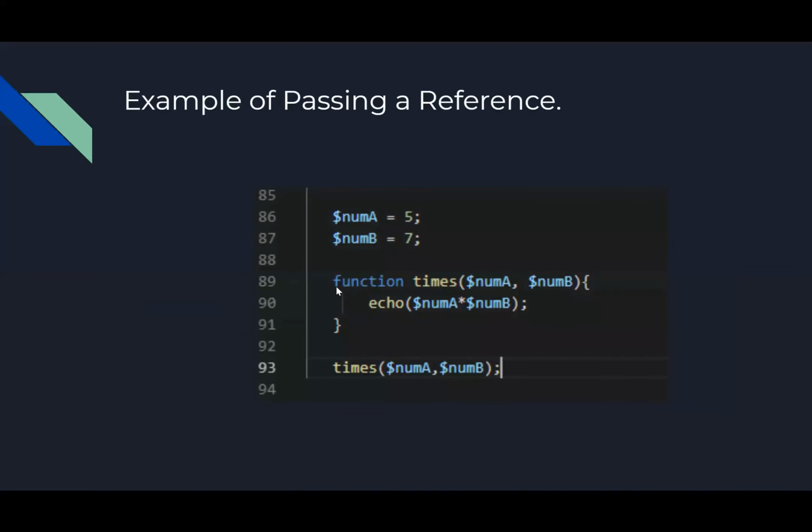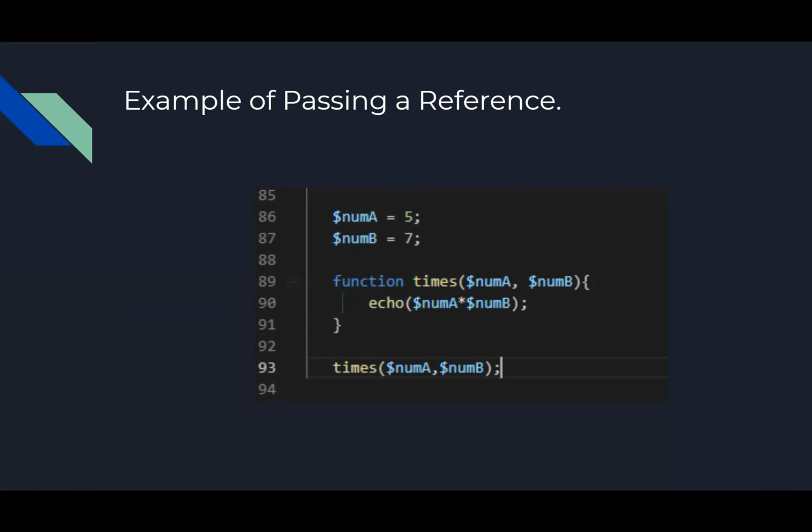If we go to the next one, I just want to show you the examples of passing a reference. Now, this is going to look a lot like the one before, but what we're doing is setting a global variable. I say global because it's outside of these brackets, so it could be used anywhere inside of the code. This variable num a equals 5, and num b equals 7.